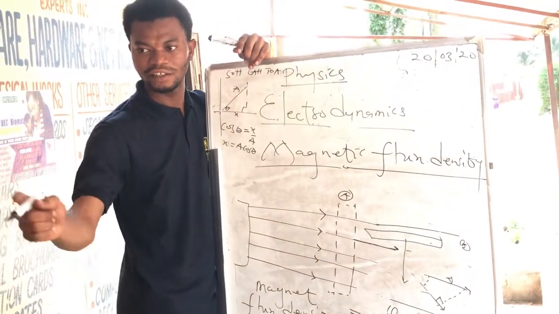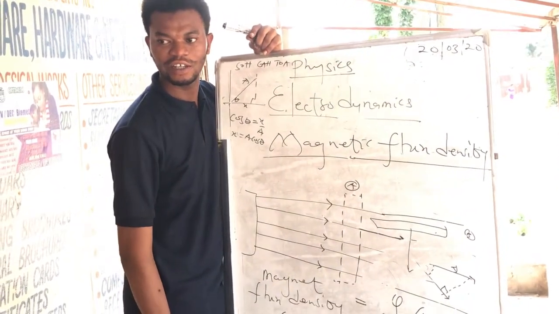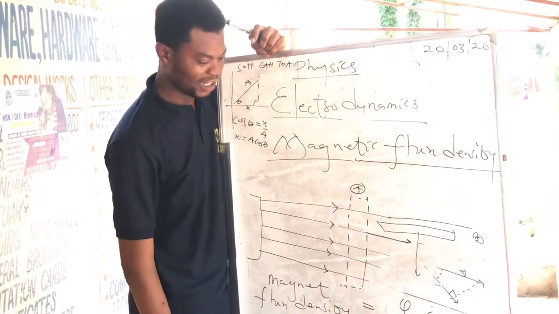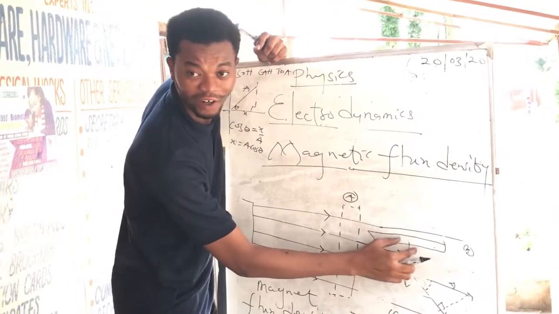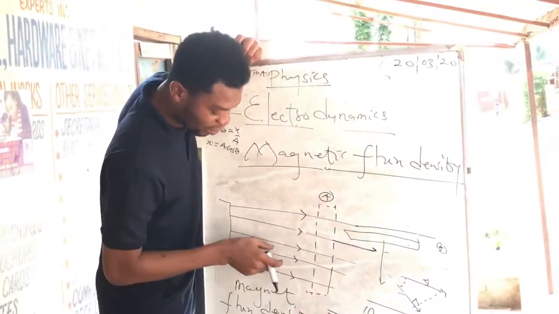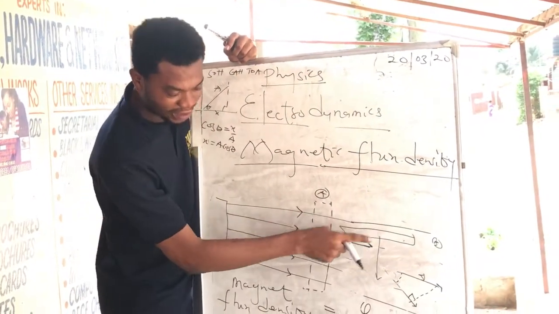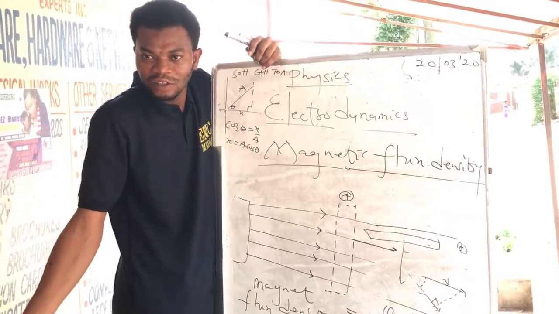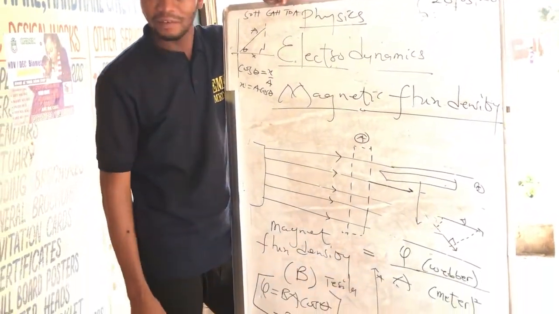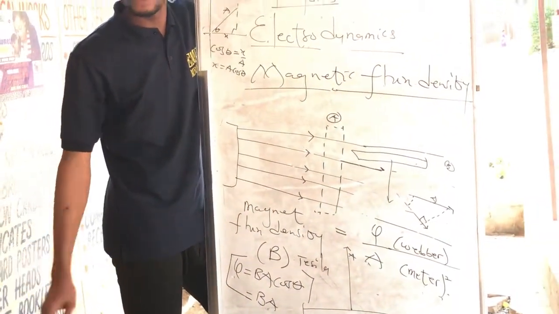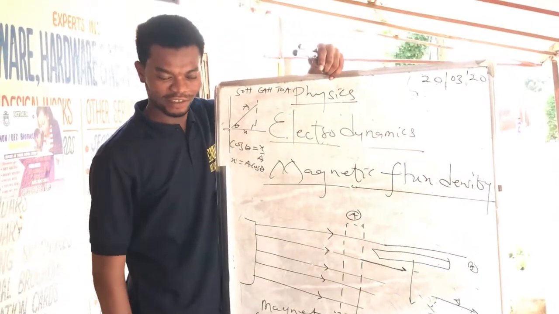Guys, do you follow? If the normal of that material is perpendicular to the flux line, are the flux lines passing through the material again? So what's the magnetic flux? 0. You follow, right?